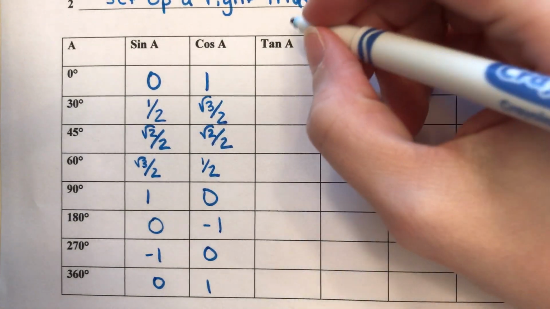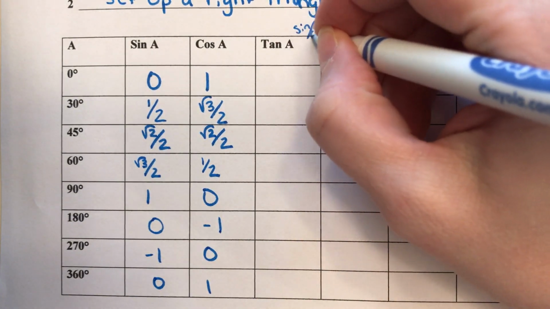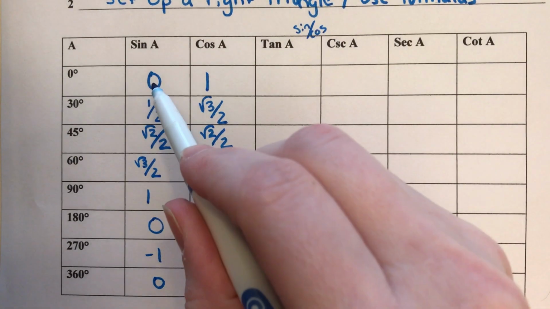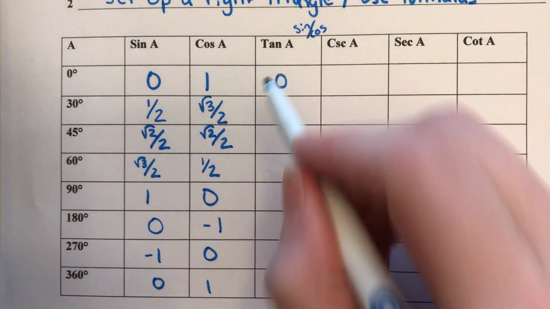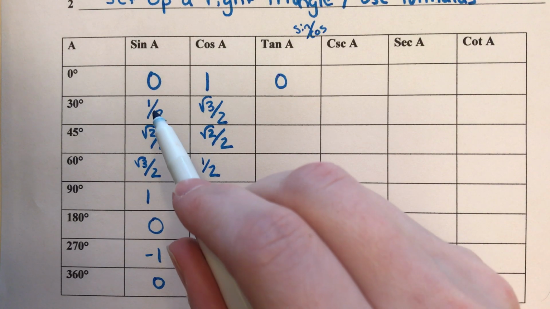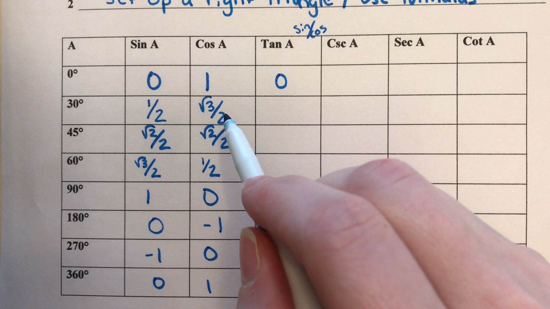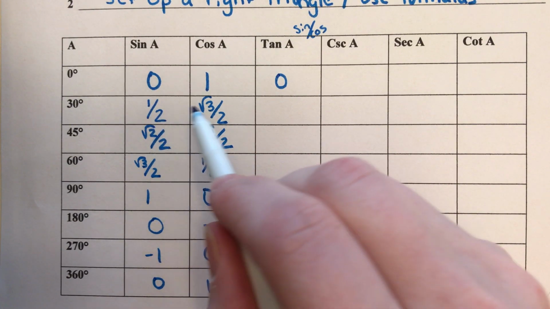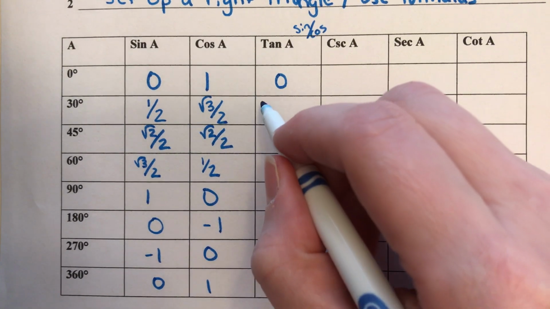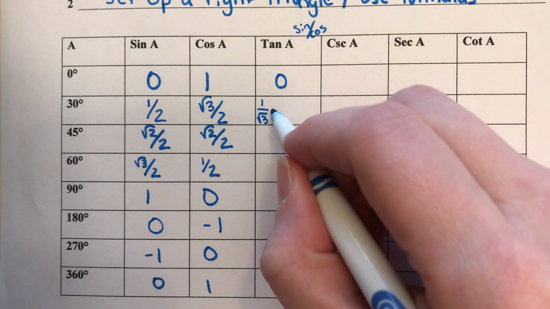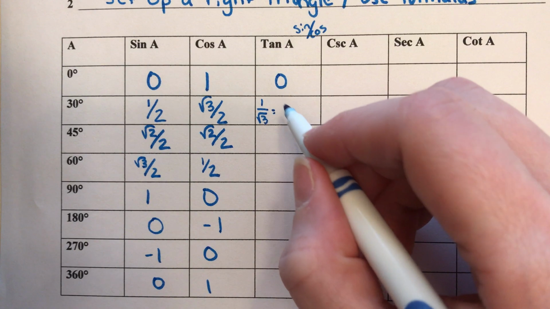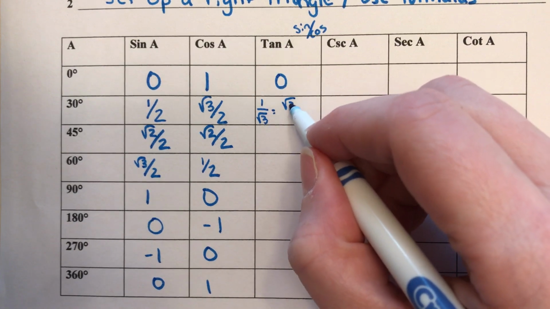Okay, so tangent we know is sine over cosine. So 0 over 1 is 0. For 30 degrees, 1/2 over root 3 over 2 would be 1 over root 3. Now, 1 over root 3, if I multiply by root 3, I get root 3 over 3.